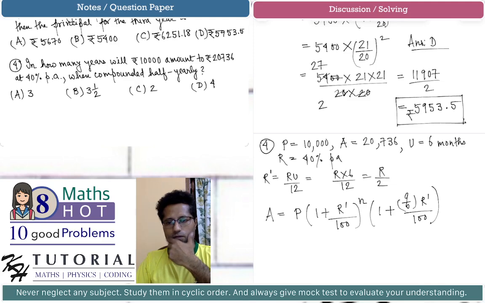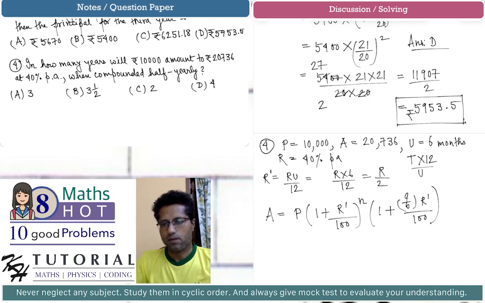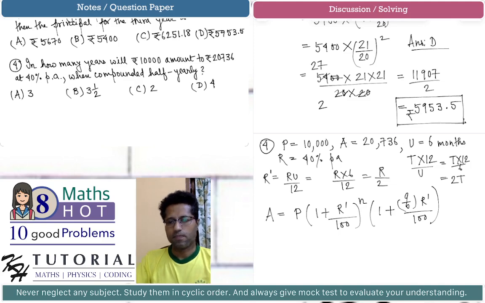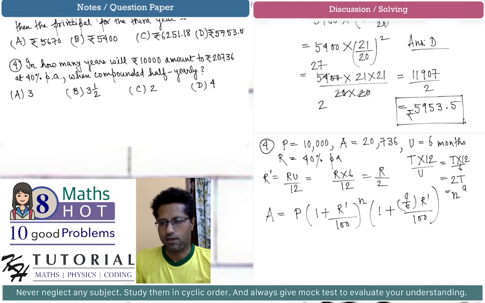Otherwise, it will be difficult for you to find small n and a by b, because to know the time period T, you have to know the small n and a by b, because we know that small n and a by b is coming from T multiplied by 12 divided by u, which in this case is T multiplied by 12 divided by 6, which is equal to twice T. The small n and a by b, that is twice T, when represented as a mixed fraction n and a by b, then we are using this formula.